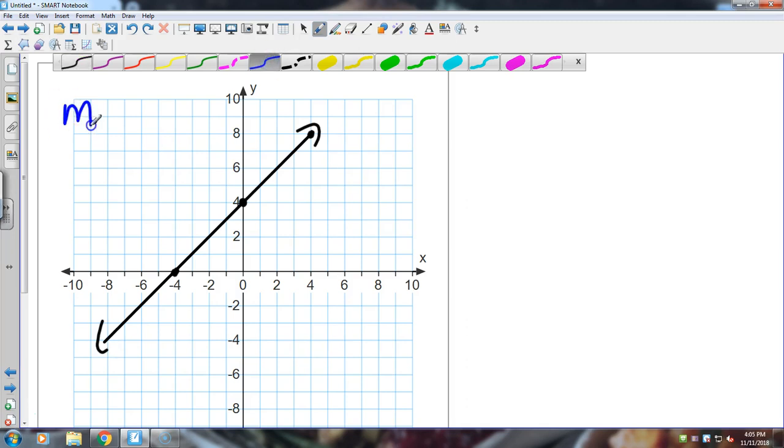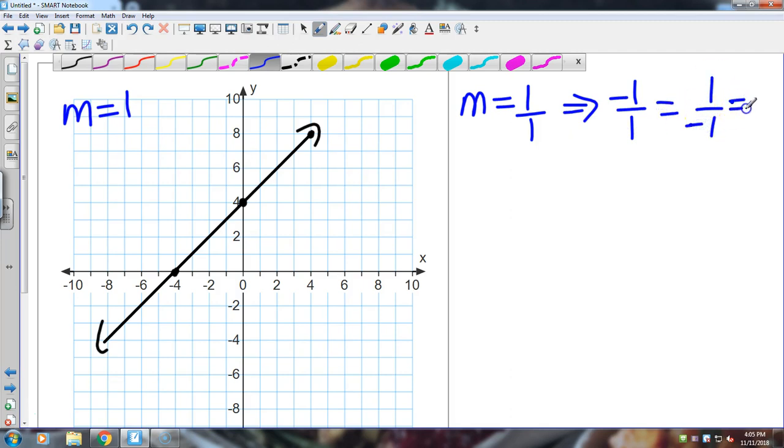That slope is 1 again. And so if I'm going to take the negative reciprocal of that, first make it a fraction, first change the sign, and now flip it, which is just negative 1.